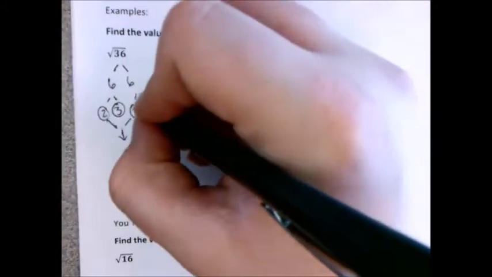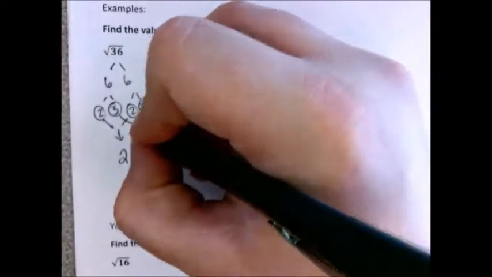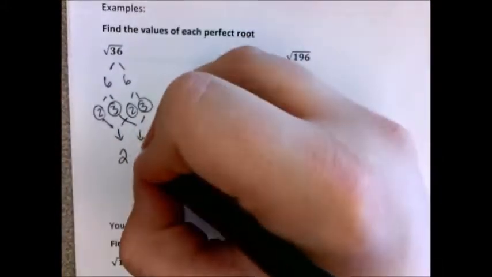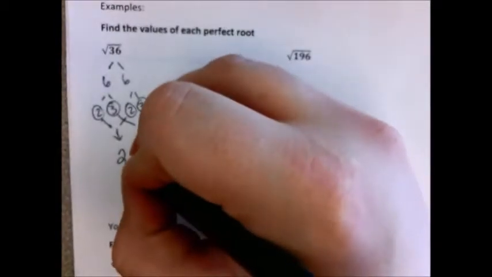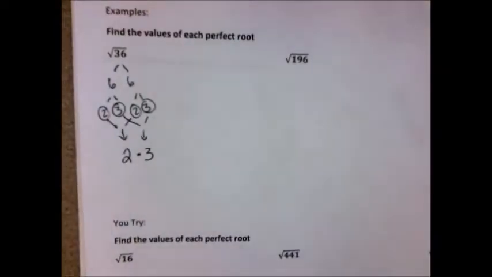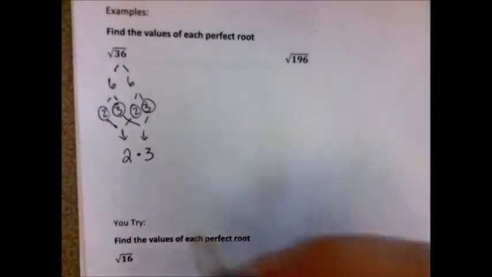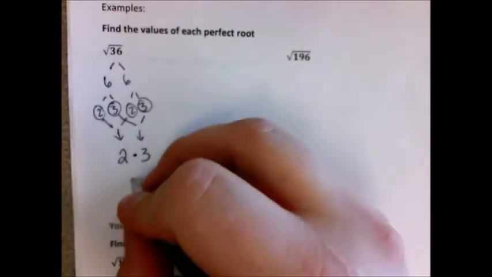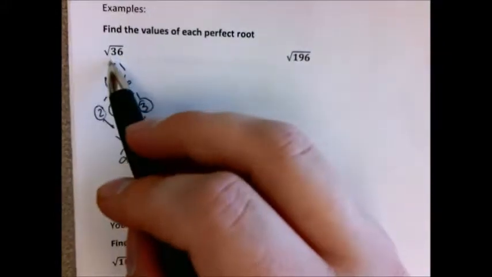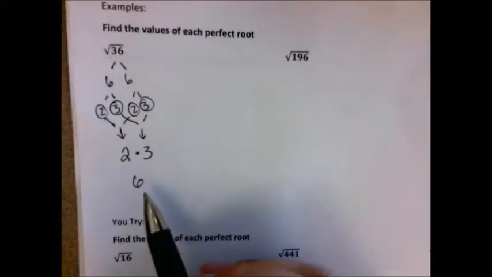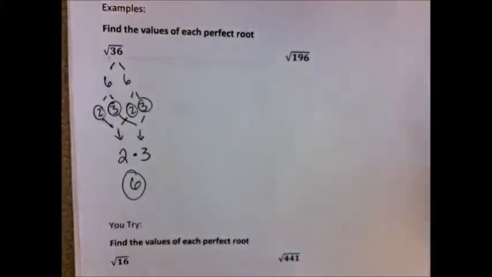Then we're going to bring our 3's out. These came out as just a 3. Now, whenever we bring more than one number outside of a root, we have to multiply them together. So if we take 2 times 3, we get 6. So the square root of 36 gives you 6.